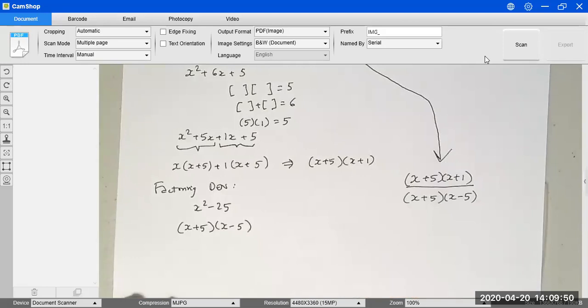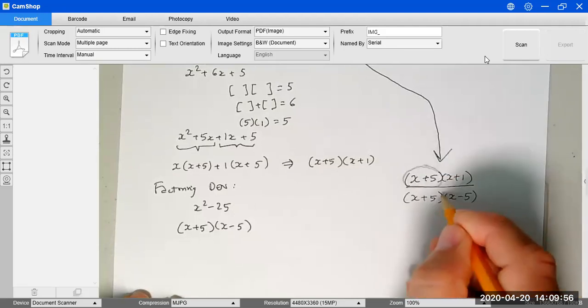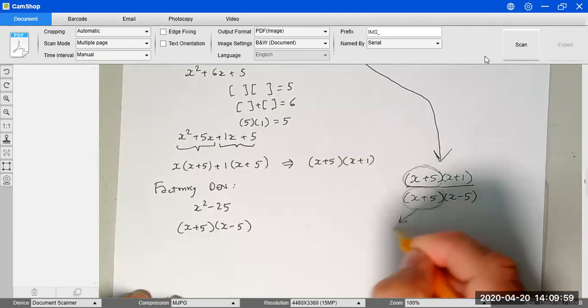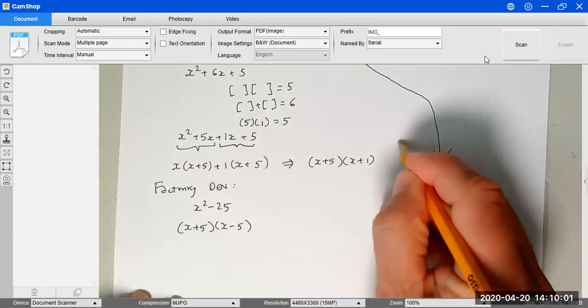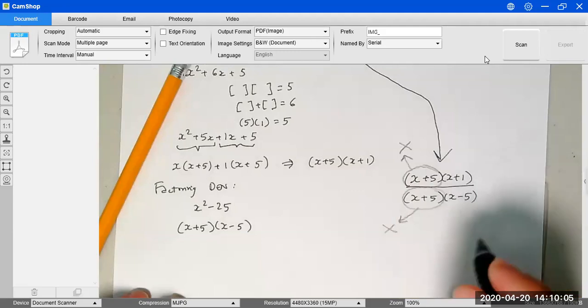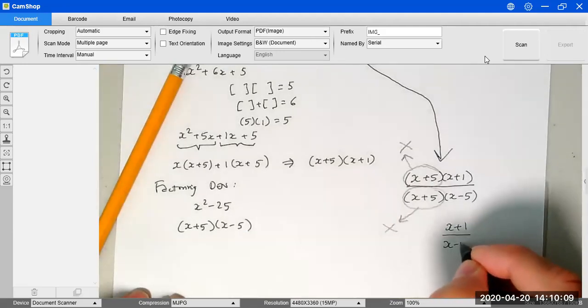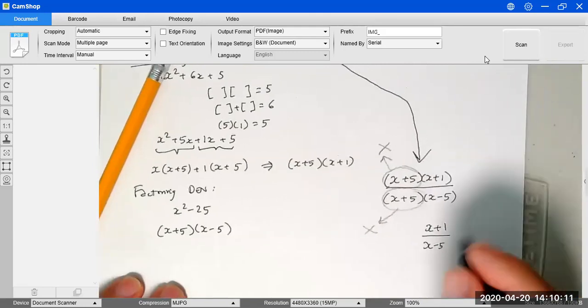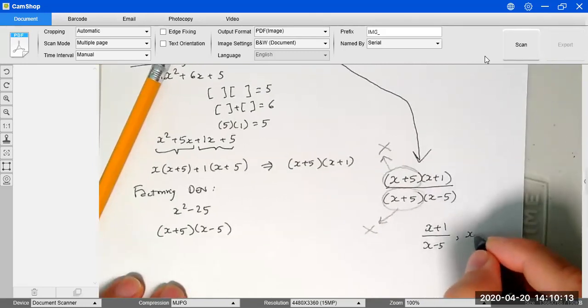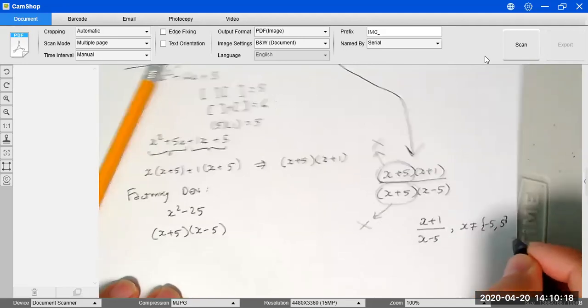Now you can see that we're going to be able to cancel a common factor. We have x plus 5 here, x plus 5 here, that we can just remove. Then we're going to end up only with x plus 1 over x minus 5. That's the answer. And remember, the restrictions are negative 5 and positive 5.